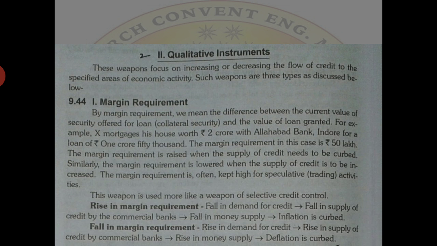Second thing is qualitative instruments. These weapons actually are focusing on increasing and decreasing the flow of credit to specified areas of economic activity, out of which first is margin requirement.